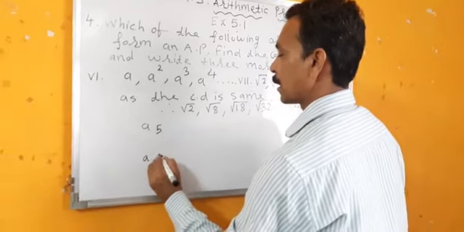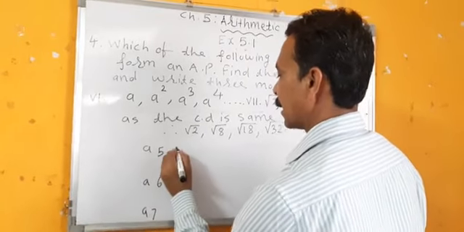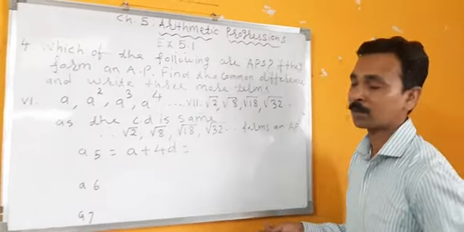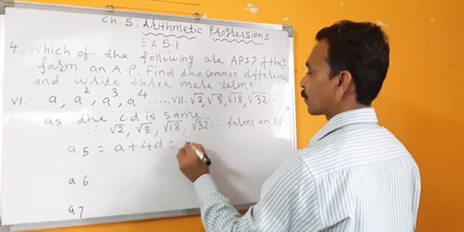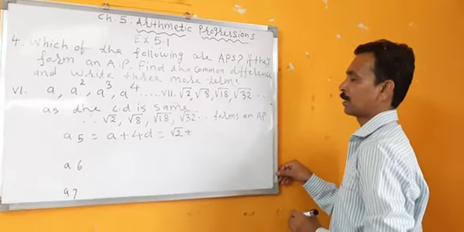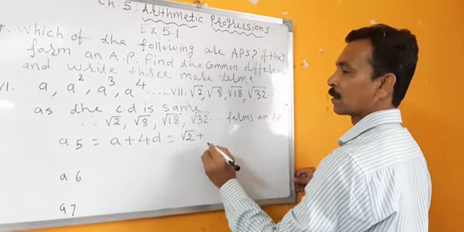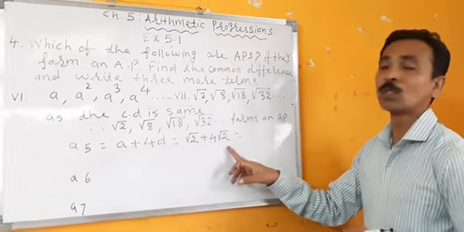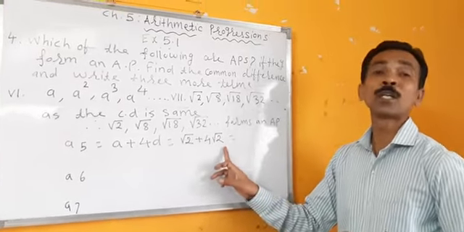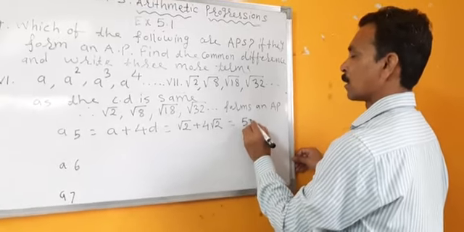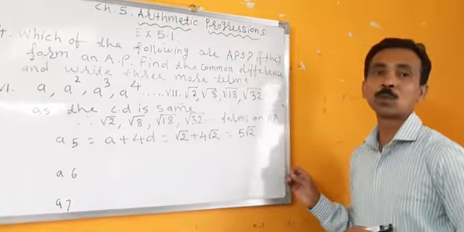Which are those terms? A5, A6 and A7. A5 means what? A plus 4D. What is A? Root 2. What was D? Root 2. So 4D means 4 into root 2. What is root 2 plus 4 root 2? 5 root 2.